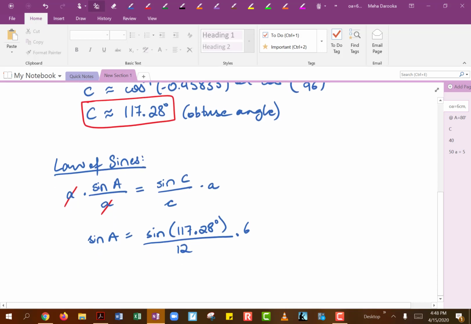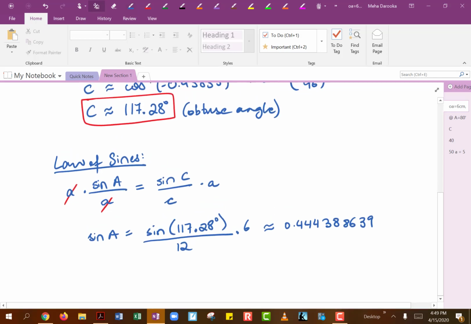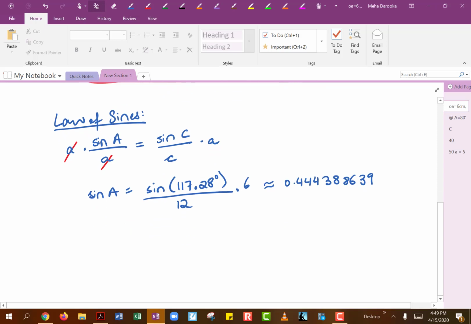So again, you can plug this in your calculator and we will get approximately 0.444388639. So again, you can see this is a positive value. So that means the angle potentially can be in quadrant 1 or quadrant 2. But like I said, since we know angle C is obtuse, angle A has to be an acute angle.